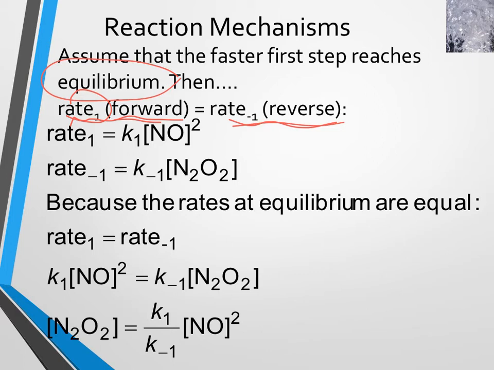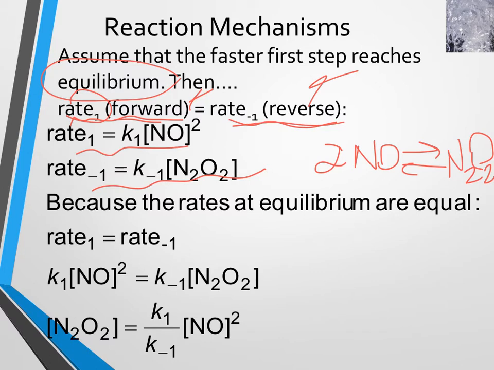If the rate of the forward reaction equals the rate of the reverse reaction, we can write rate laws for both the forward reaction and the reverse reaction. Here is the first step, which we are just saying now happens to be the fast step.